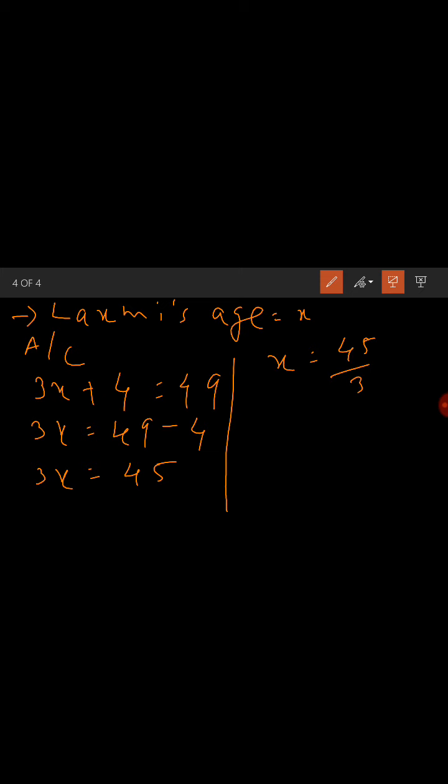Now children, we know how to solve using the transposition method. So x is equal to 15. Therefore Lakshmi's age is 15 years.